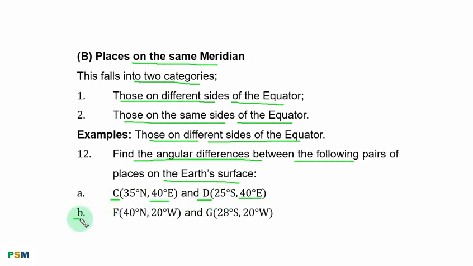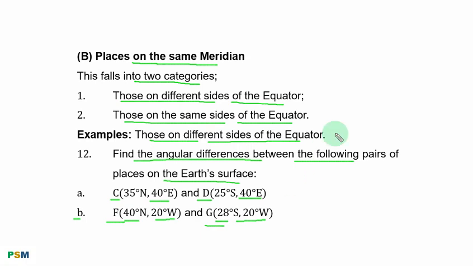Part B, you have points F and G. The same side of the meridian, then different sides of the equator. Places on the same meridian, then different sides of the equator.